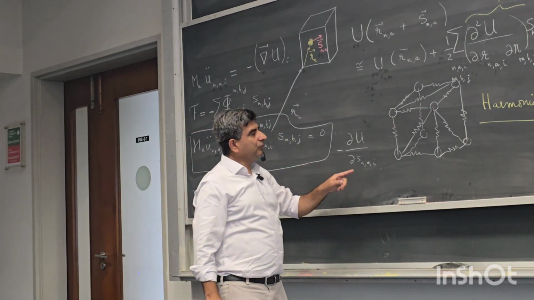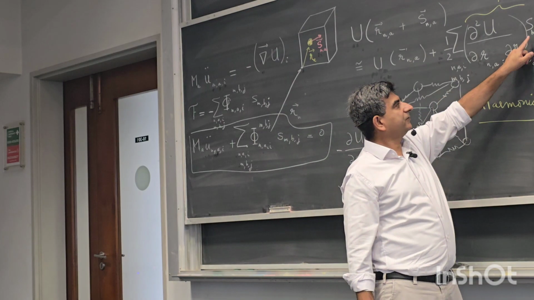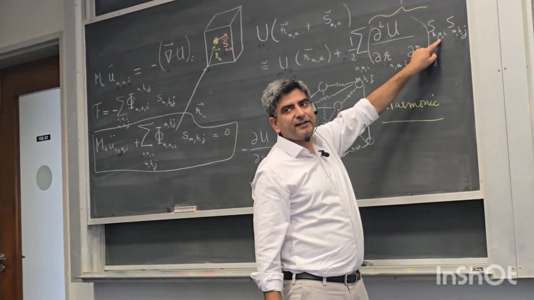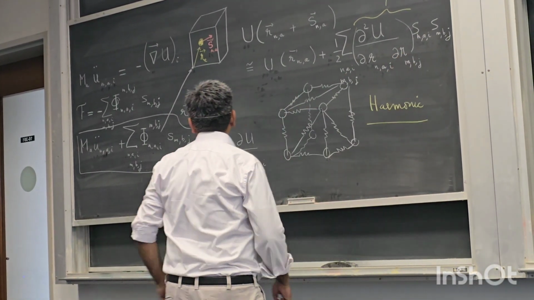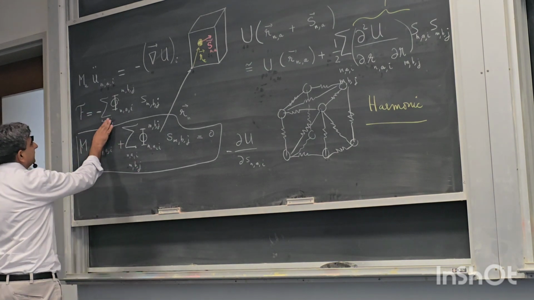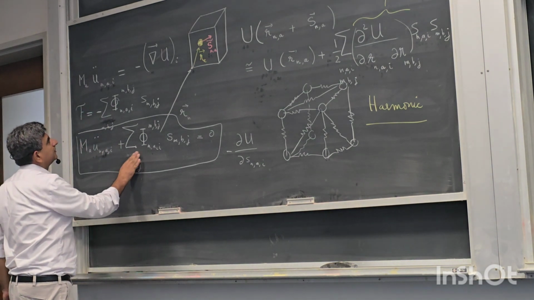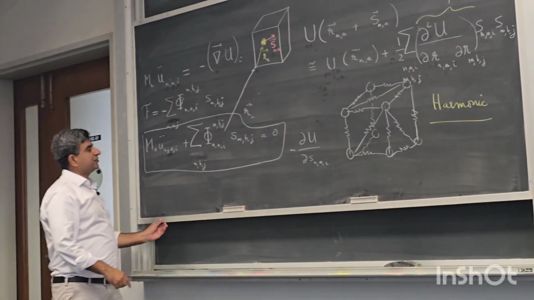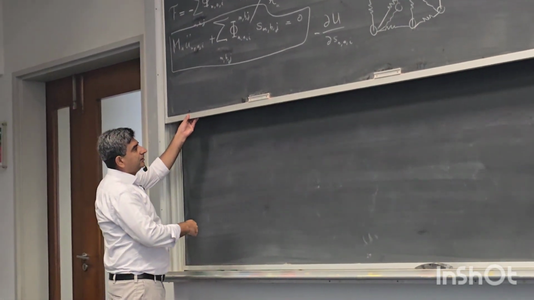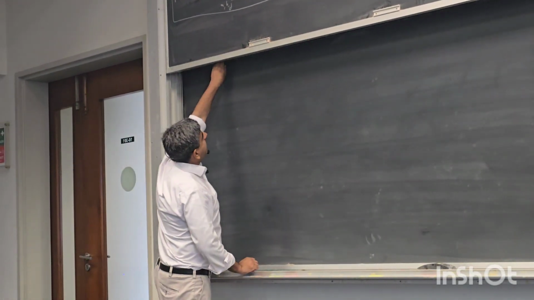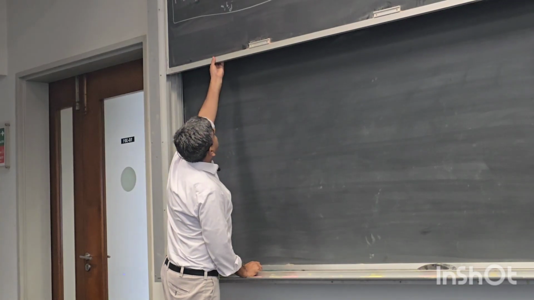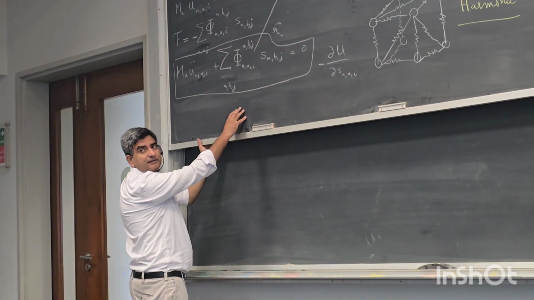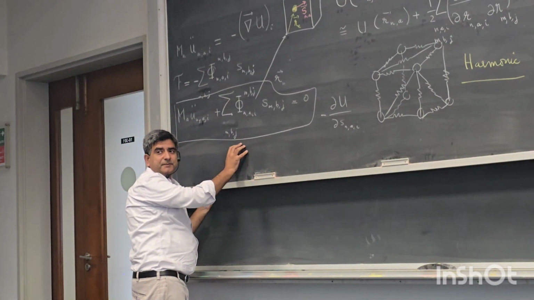So only that derivative survives for which this term is s_nai. So I don't take a sum over nai, I just take the sum over mbj, because all other terms vanish. So my equation of motion, all in all, is given here. Okay, you understand?